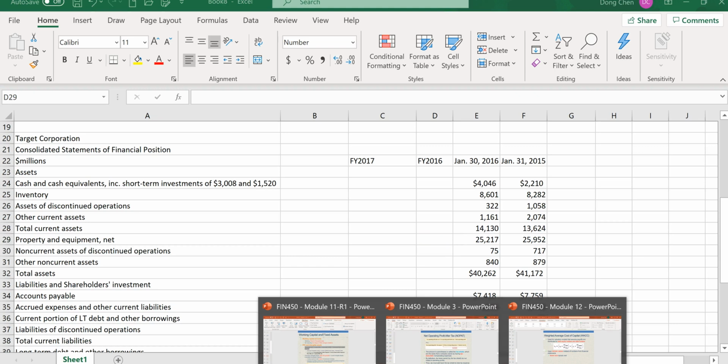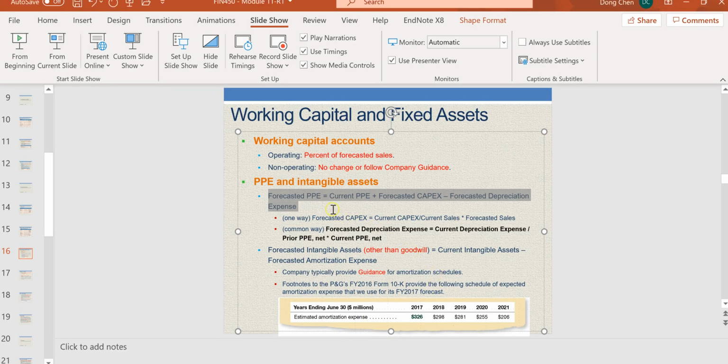We can use the formula that we listed on the PowerPoint lecture slide for module 11. Forecasted net PPE will be current net PPE plus forecasted capital expenditure minus forecasted depreciation expense.